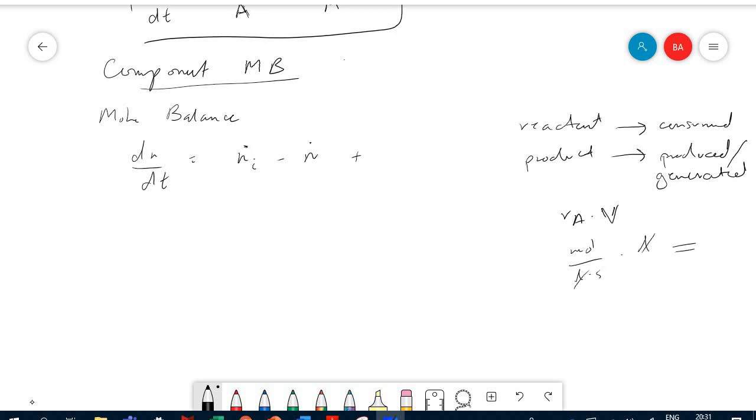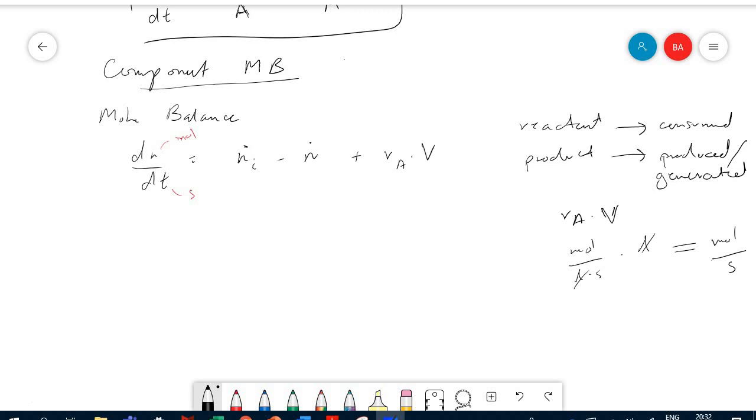So I'm going to have moles per second. And we can see, yes, it is moles per second. So if you just look at dN by dt, here it is moles, and here it is seconds. Great. So continue on. So dN by dt is equal to input minus output plus RA into V.